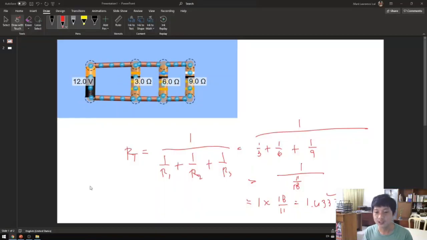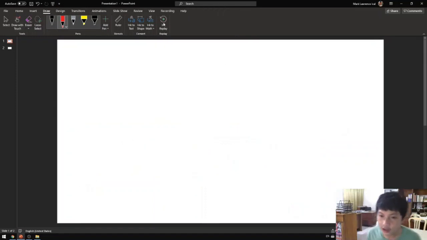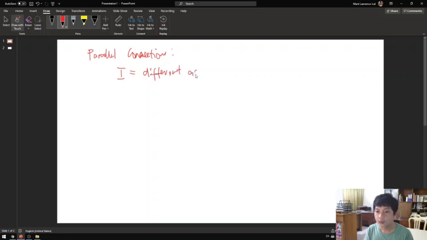Well, yes, they're the same, because always remember, when we talk about parallel connections, the current is different across each resistor, but the voltage is the same or similar.